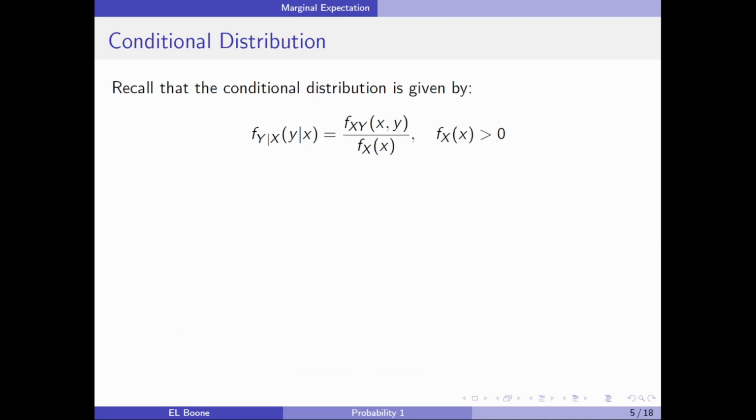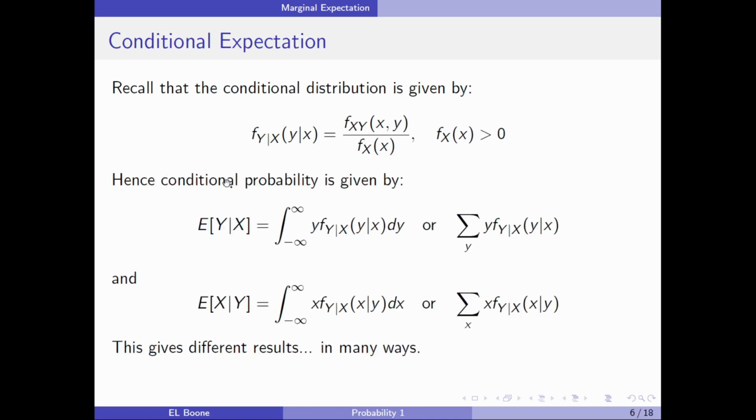Okay, and we already know how to do this. So the conditional distribution, if you remember, was the joint divided by the marginal, provided that the marginal is greater than 0. This is our setup here, and our conditional probability gives us our expectation. So we have the expected value of y given x, and it's y times the conditional distribution, and notice x is out on the end, and we're integrating over y.